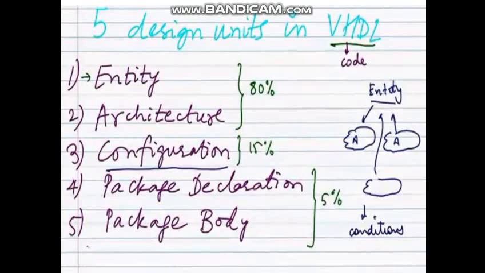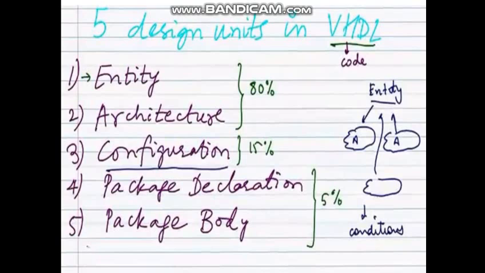What is entity and what is architecture will be discussed in the next video. But we should know about the entity and architecture words, because they play a very vital role in the VHDL language. Nearly 80 to 90% of any VHDL program is played by the entity and architecture.